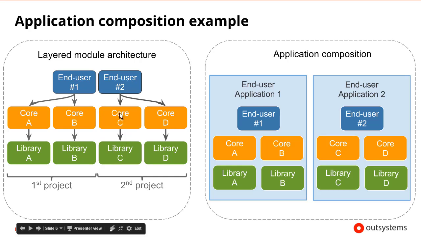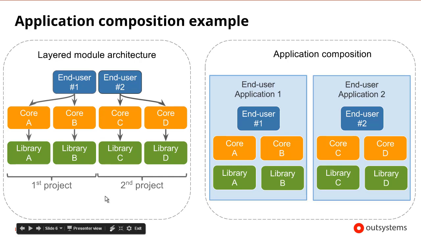Now, the whole point of placing different libraries and different core services into their own modules is to make them easier to reuse in the future, but at this point, none of the applications need or are sharing any of the modules that are there.